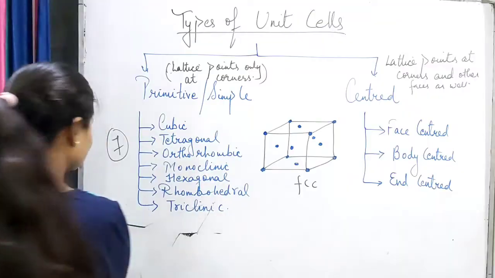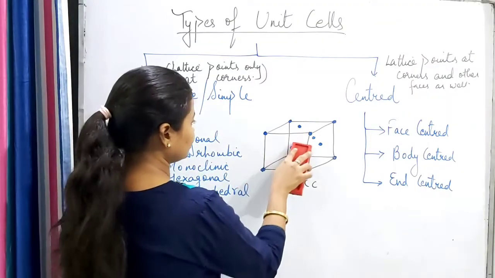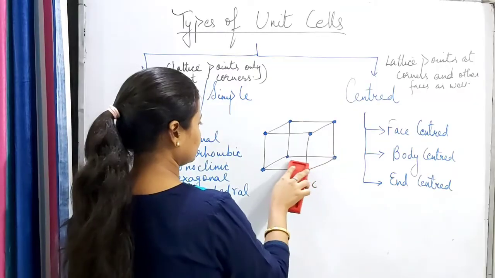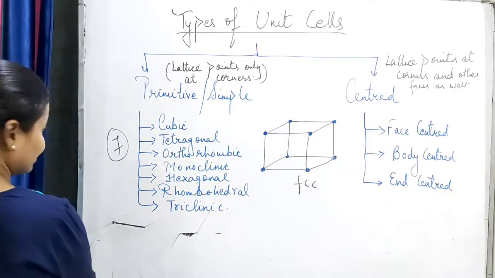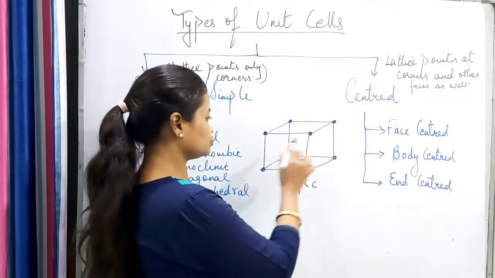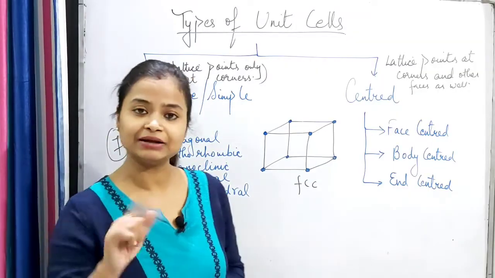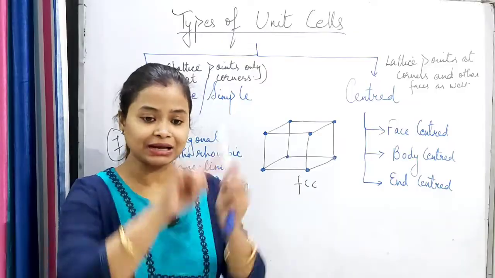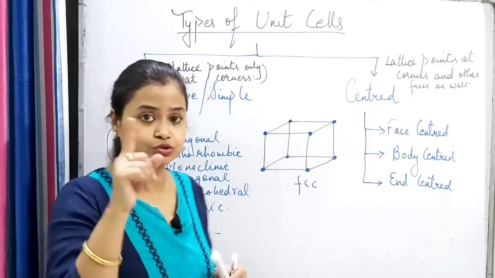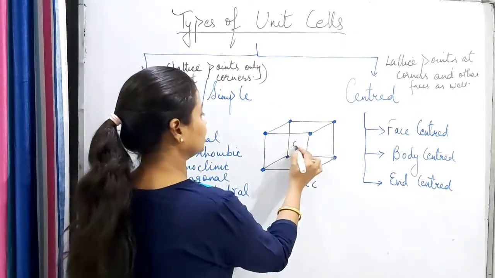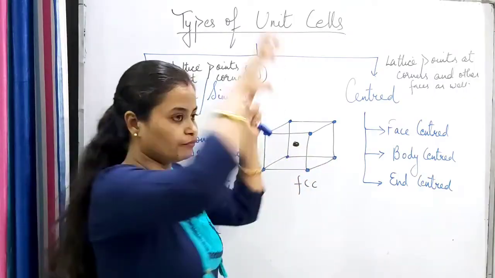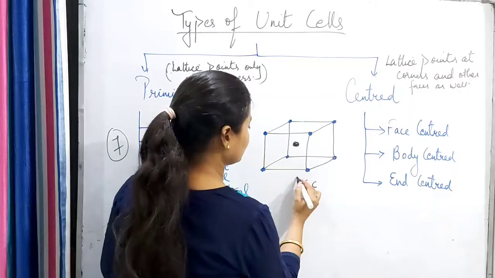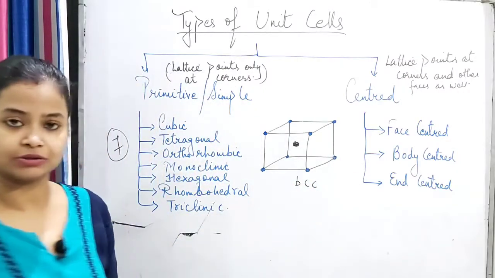For body centered, again I will rub the extra 6 face ones. In case of body centered, at the 8 corners the lattice points are there, along with that at the center of the body. So one more lattice point will be there at the center of the body. This will be for body centered cubic structure.